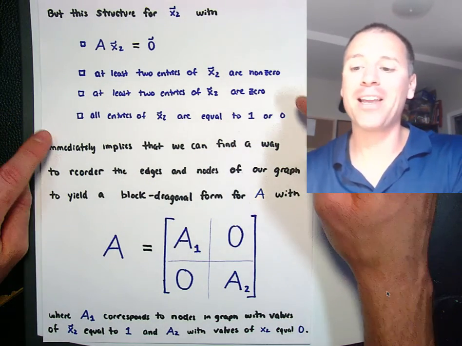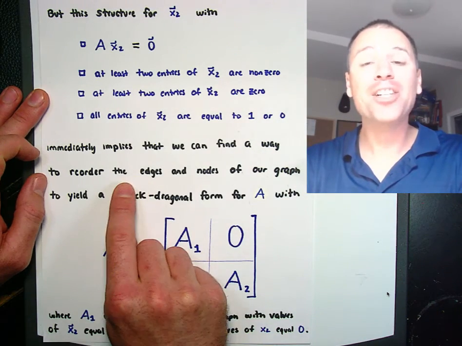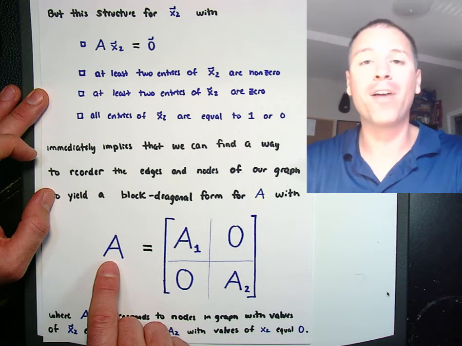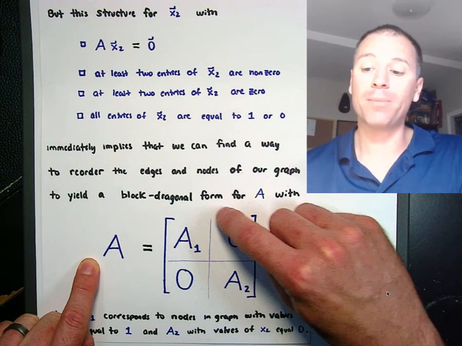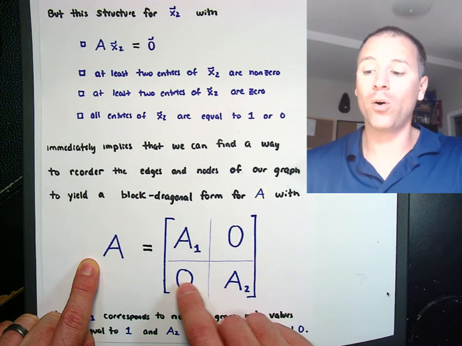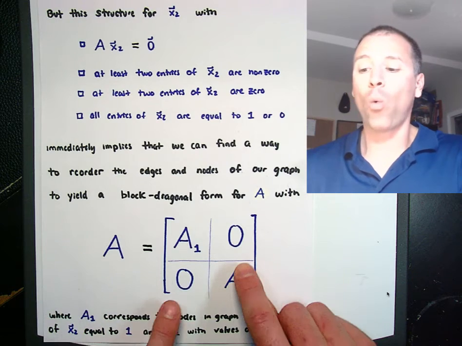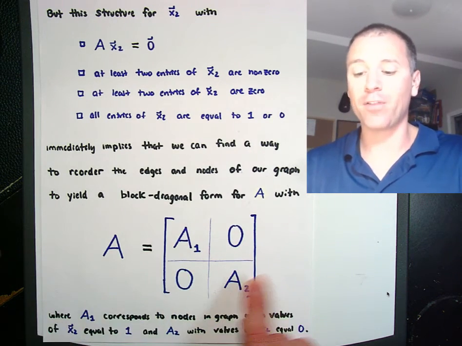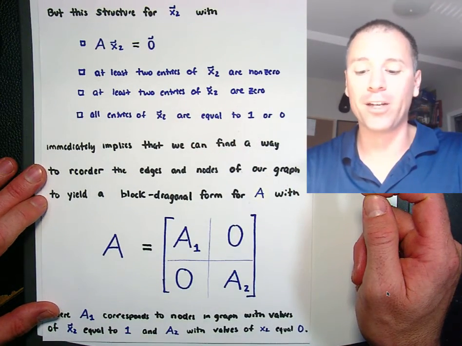I'm going to make the claim that within this structure, we should be able to reorder the edges and nodes so that we can yield a block diagonal form of A given by A equal to A1, so some set of nodes that are all connected together by edges, 0, 0, A2, some other set of nodes that are connected by edges, where no edges go from the first set of nodes to the second set of nodes. That is implicit in these observations about that incidence matrix.